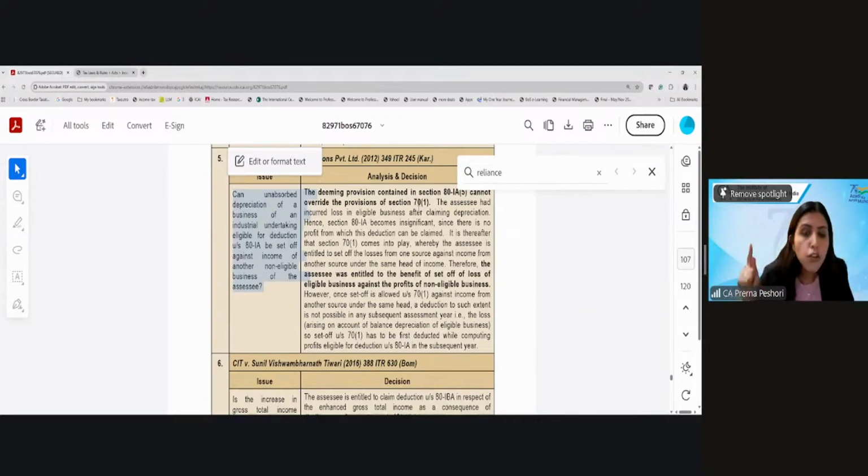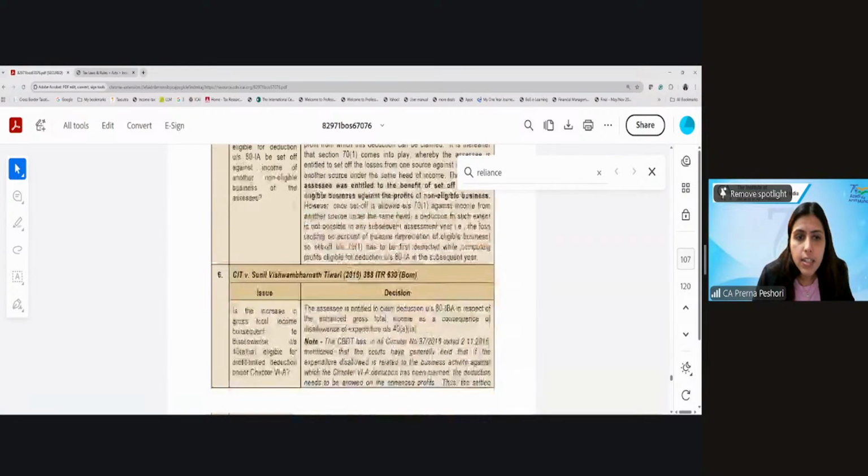So first you have to deduct those losses brought forward, and then if at all income is left, you will claim the deduction. Is this clear, students? Yes, clear.